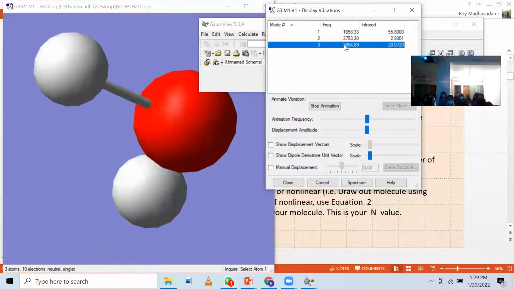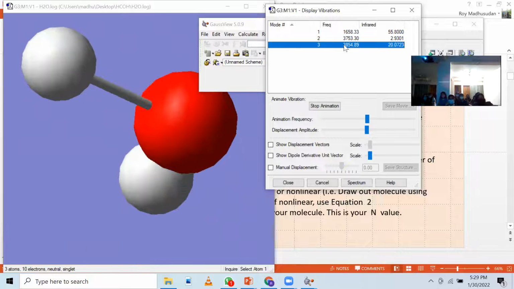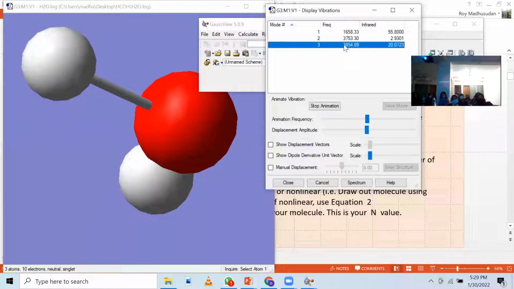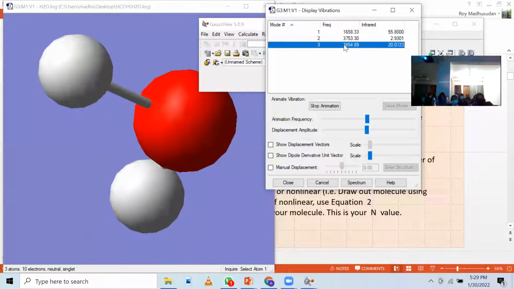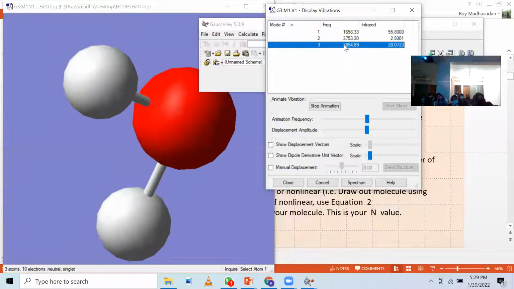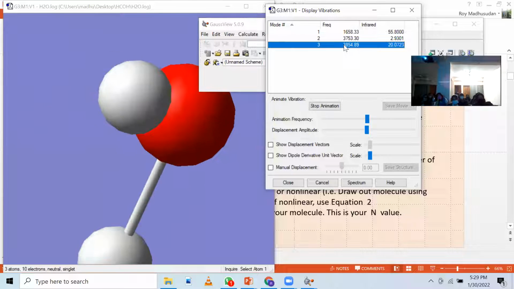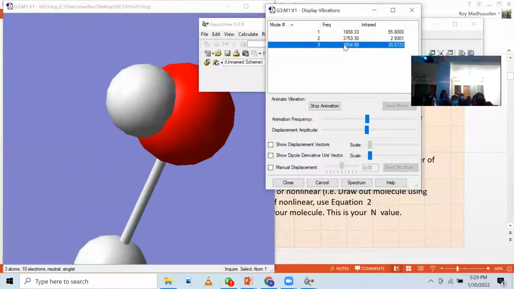So if you have a molecule with polarity, that means a permanent dipole moment. Dipole means it should have a positive pole and a negative pole. If the molecule has the positive and negative pole, then we can consider this molecule will have a permanent dipole moment, and that molecule will show the infrared spectrum.